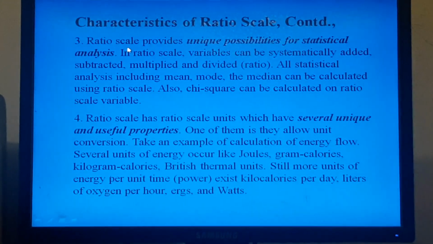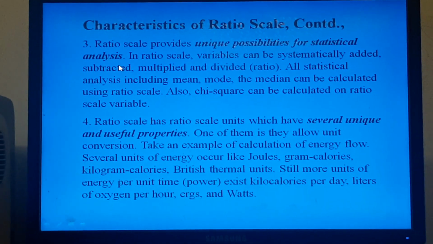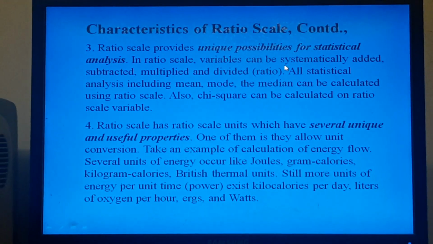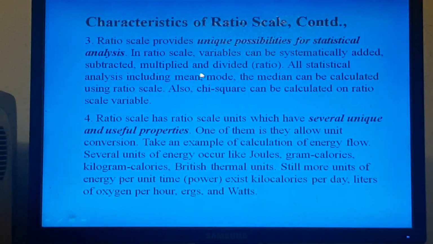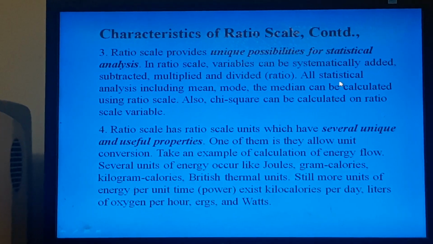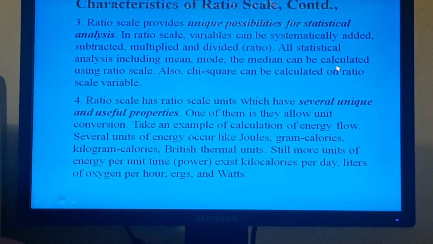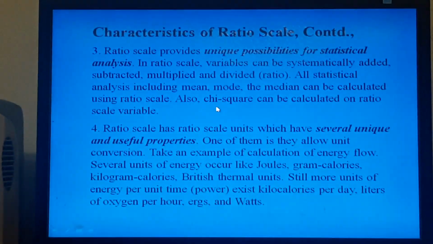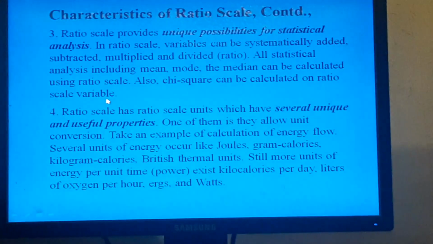Third, the ratio scale provides unique possibilities for statistical analysis. In a ratio scale, variables can be systematically added, subtracted, multiplied and divided. All statistical analysis, including mean, mode and median, can be calculated using the ratio scale. Also, chi-square can be calculated on a ratio scale variable.